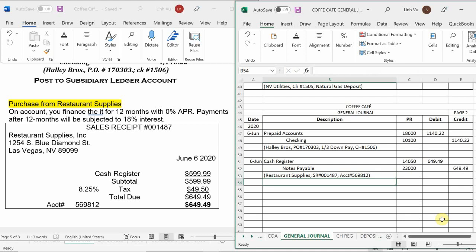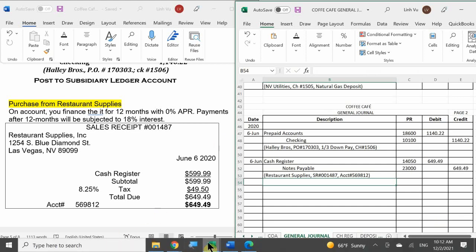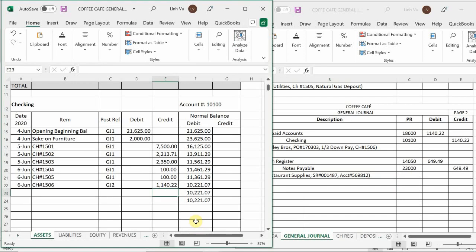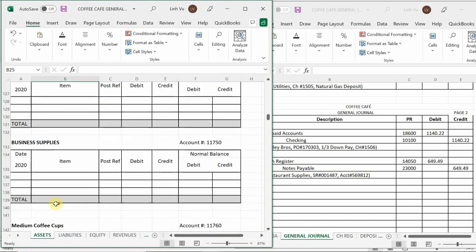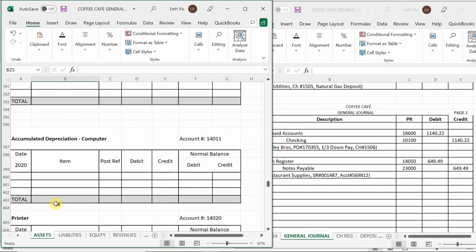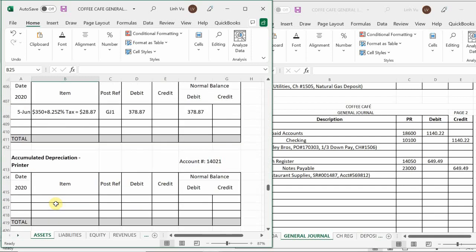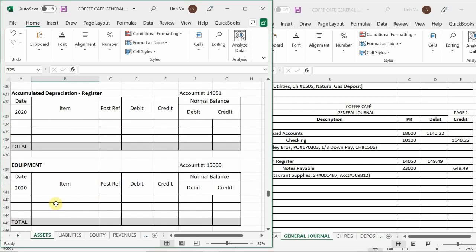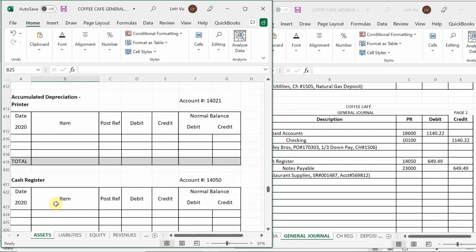All right. So now that my journal is complete, I now need to update my ledger. Okay. So in this case, the first thing I got here was I purchased a machine. In this case, a cash register. So right here.